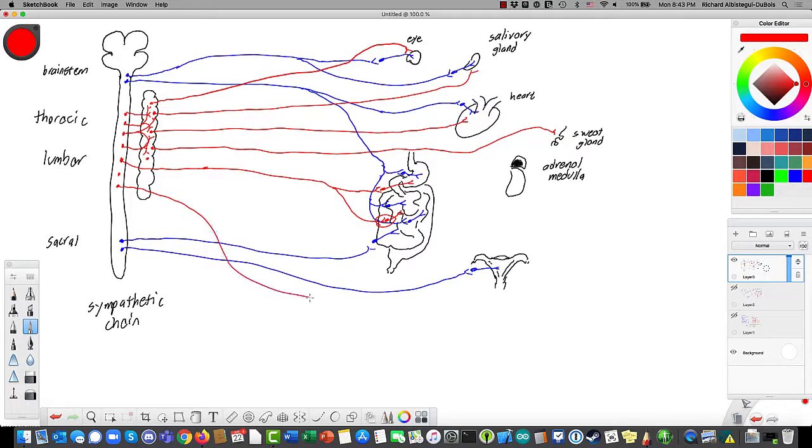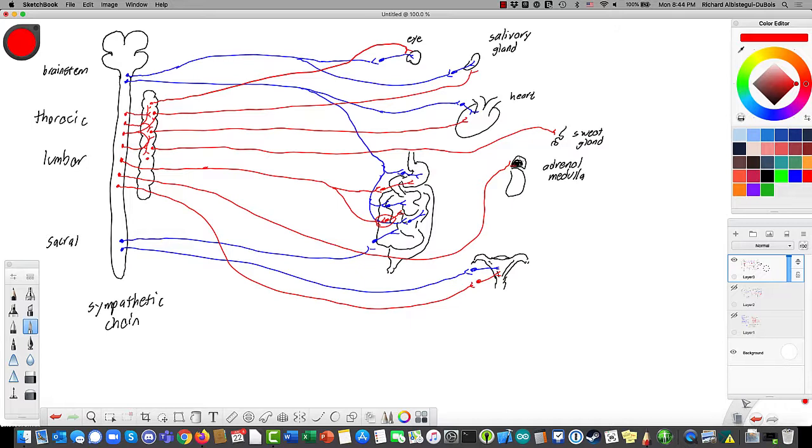So let's take this one down here. You can see those are following that second sympathetic pathway. And then there's a couple of pathways that follow the third one, where the preganglionic cell has no ganglion and just goes straight to the adrenal medulla.